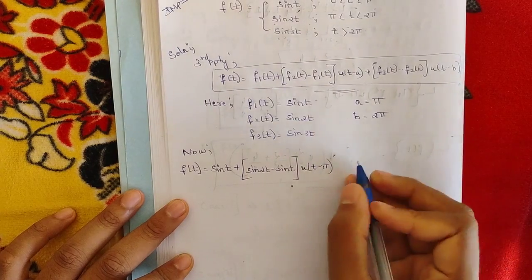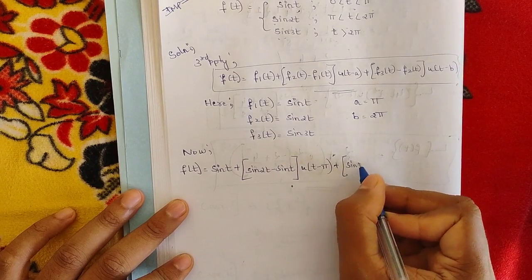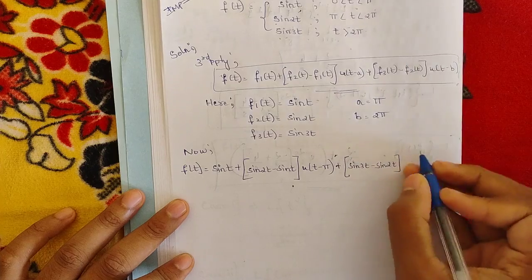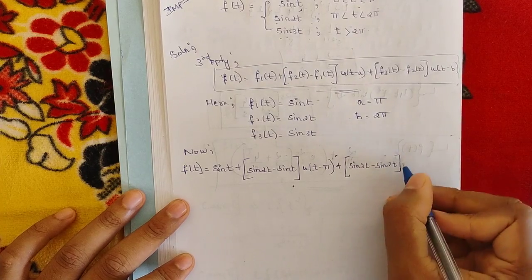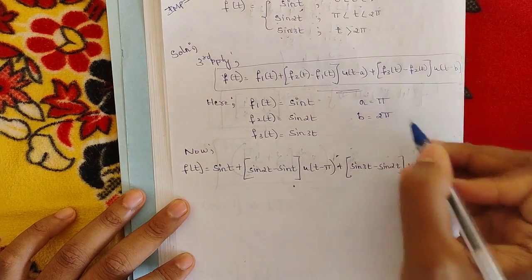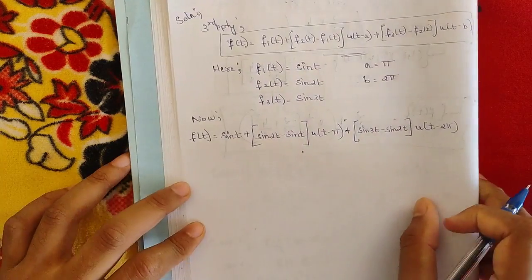In place of a we are having pi. Plus f3 of t, that is sin 3t, minus f2 of t, sin 2t, into u of t minus 2 pi. That is u of t minus b, and in place of b it is 2 pi. Now this is the value of f of t which we have got.